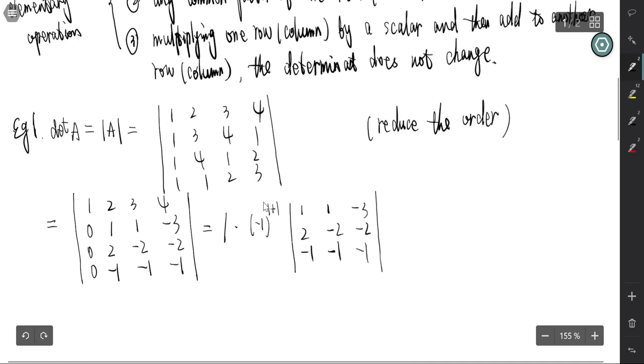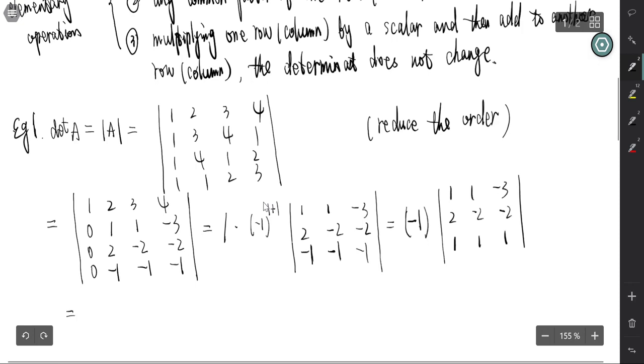And the third row has common factor -1, so we divide by -1, which means the common factor of the third row can be moved outside. We move -1 outside, then the third row becomes 1, 1, 1, and there's 1, 1, -3, and 2, -2, -2.